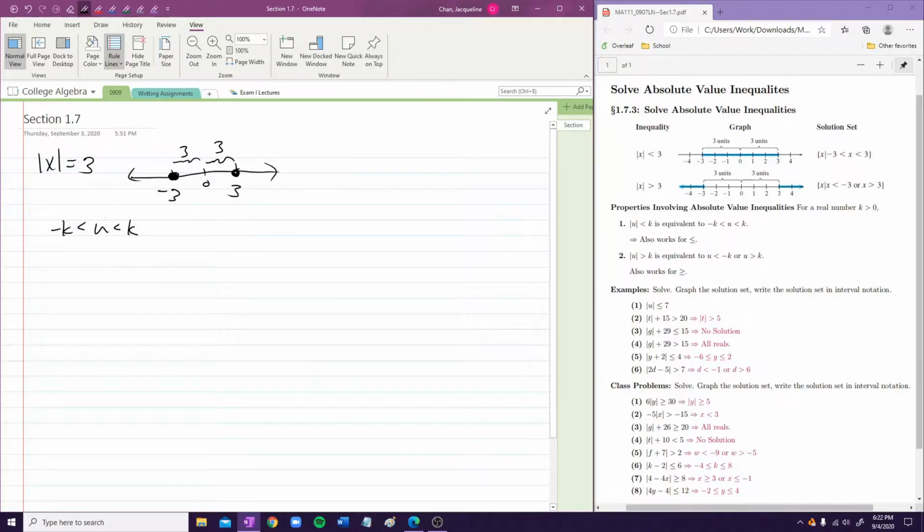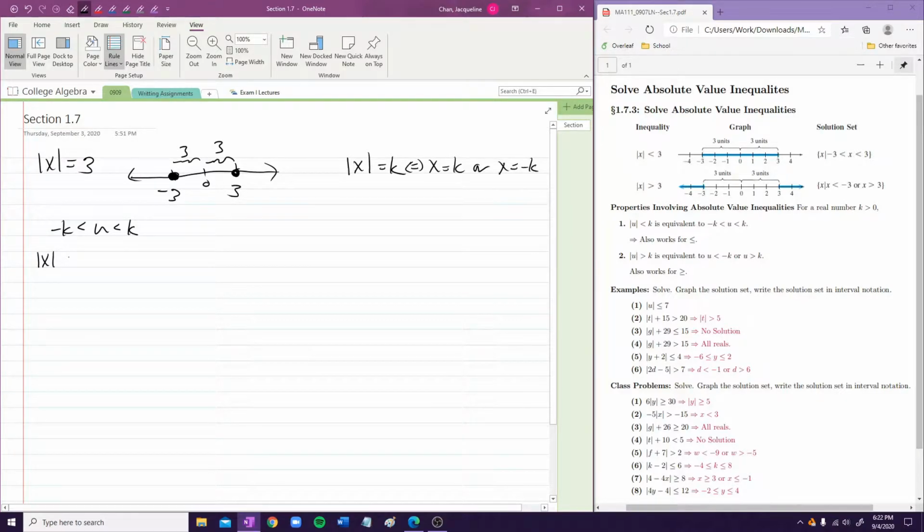This also works for less than or equal to; you just put the or equals to below. Remember, the absolute value of x equal to k is equivalent to saying x equals k or x equals -k. Same concept applies here.